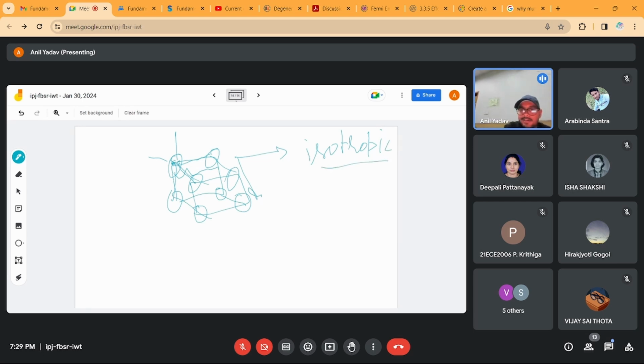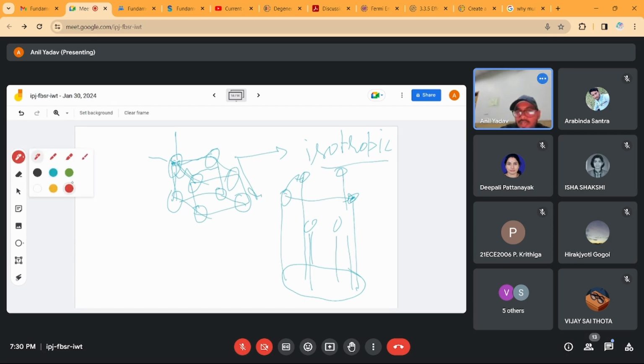What if there are other lattices, like monoclinic, triclinic, hexagonal? Let's say this is a hexagonal kind of structure. The distance between this atom, this atom and this atom is different.